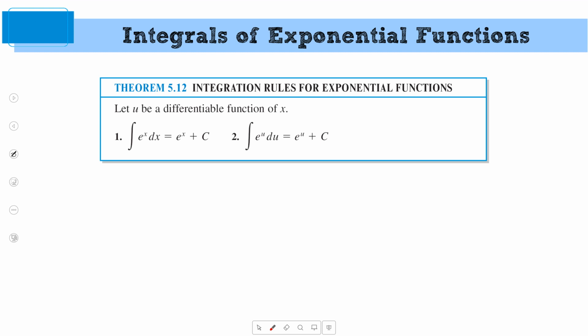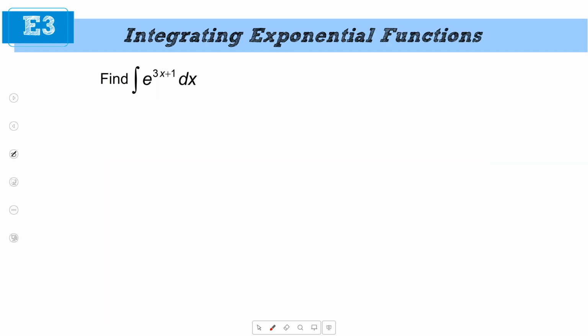What is the antiderivative of e to the 3x plus 1? And the correct answer is not e to the 3x plus 1. That will be too easy.